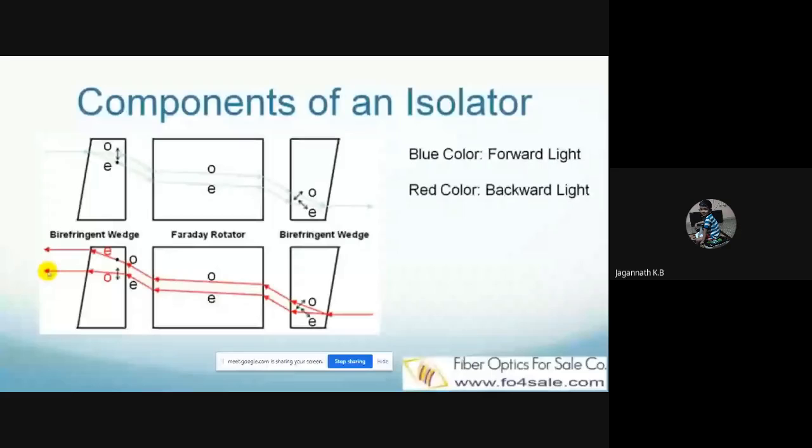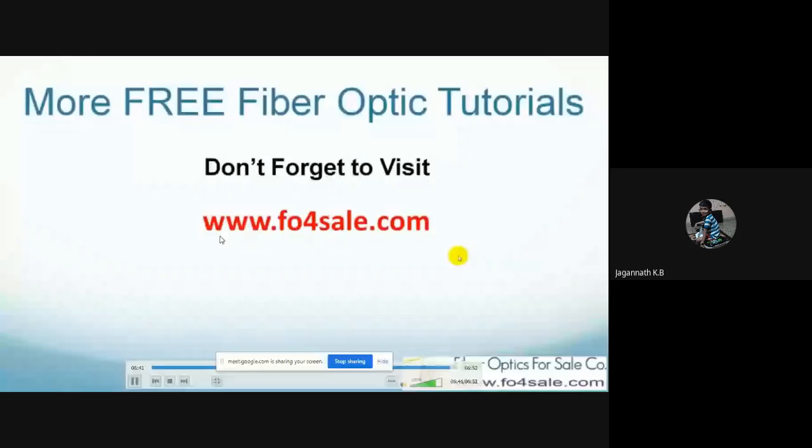So here is the tricky part. To the input wedge, the O beam now becomes its E beam since it is horizontal, and the E beam becomes the input wedge's O beam because it is now vertical.